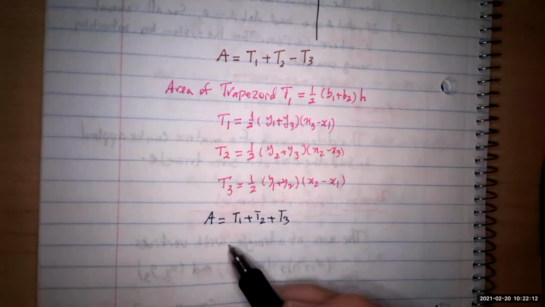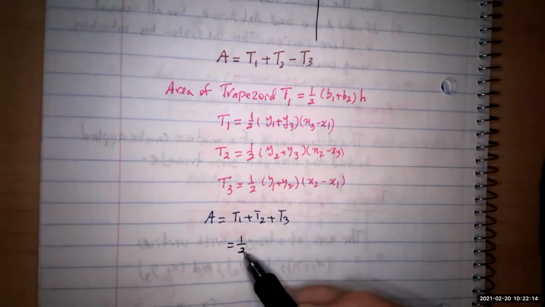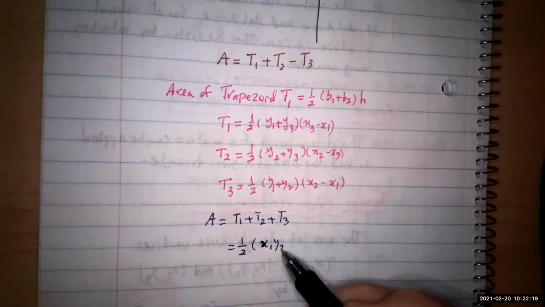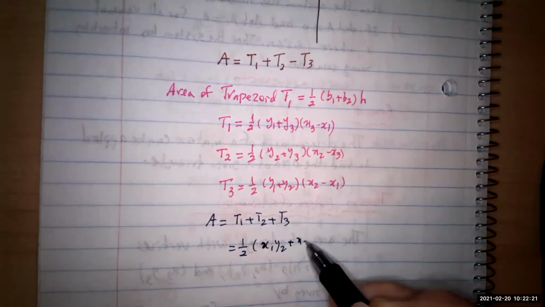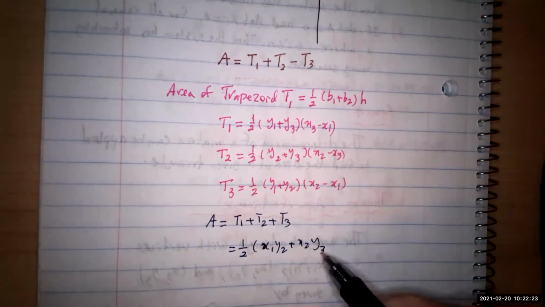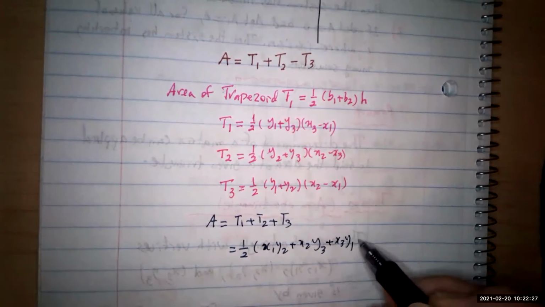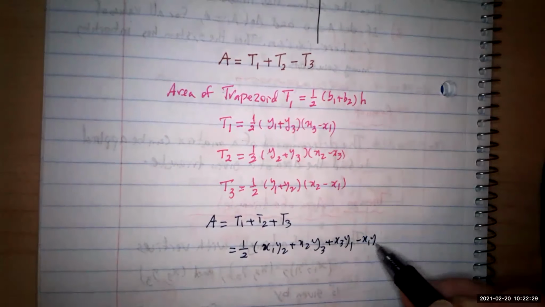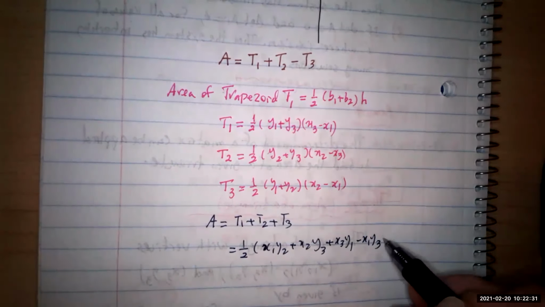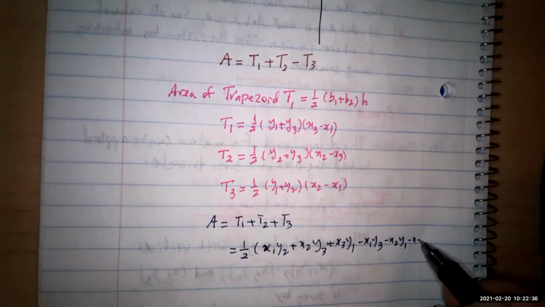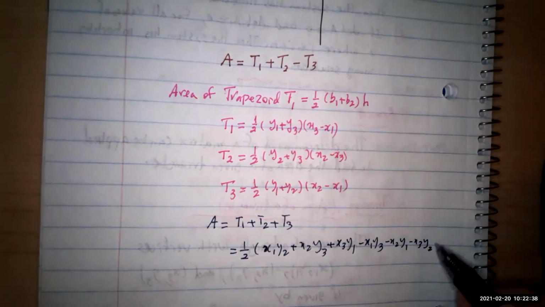If you do all those multiplications and take out the half, it's going to be x1 y2, x2 y3, x3 y1, and x1 y3, x2 y1, and minus x3 y2.